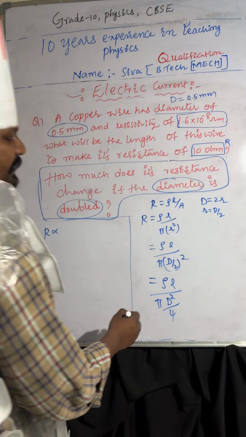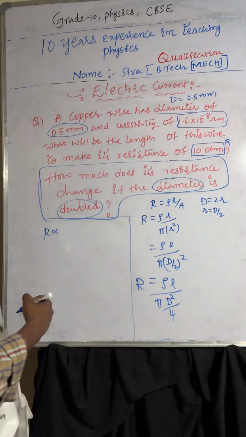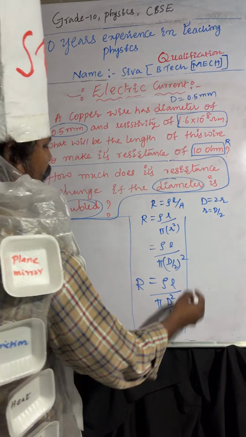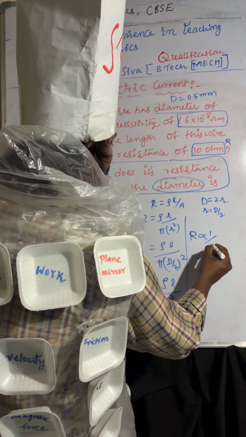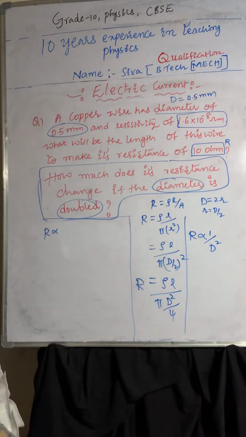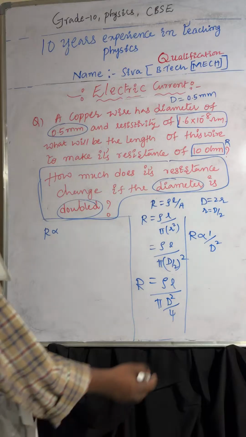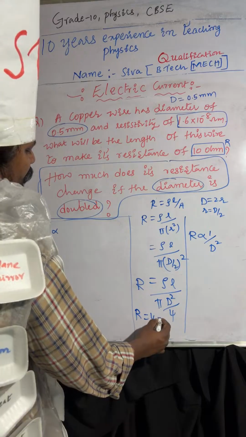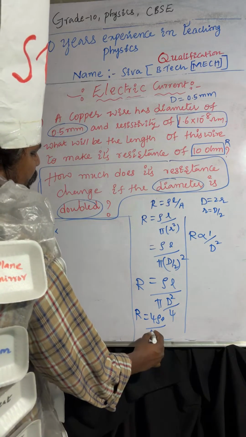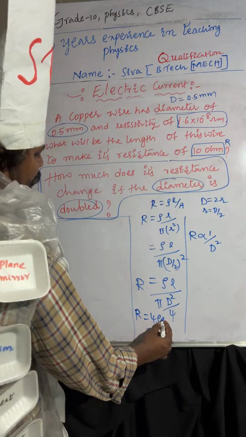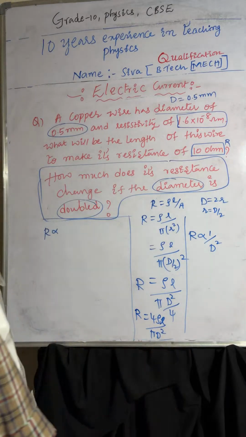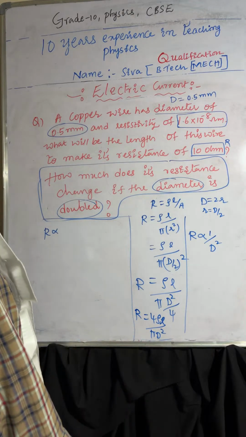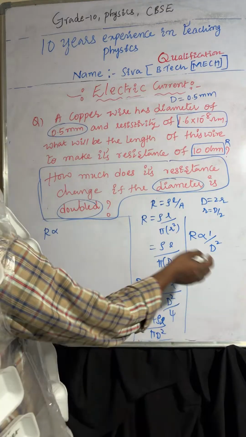So we need the relation between R and D. R and D's relation is inversely proportional, so R is inversely proportional to square of D, right? Then you will get this one.